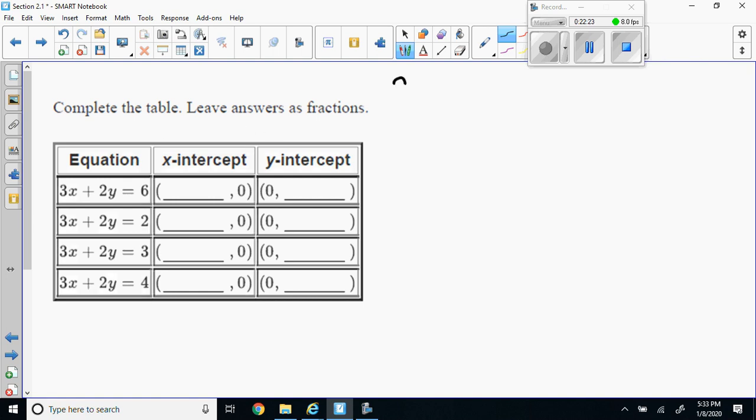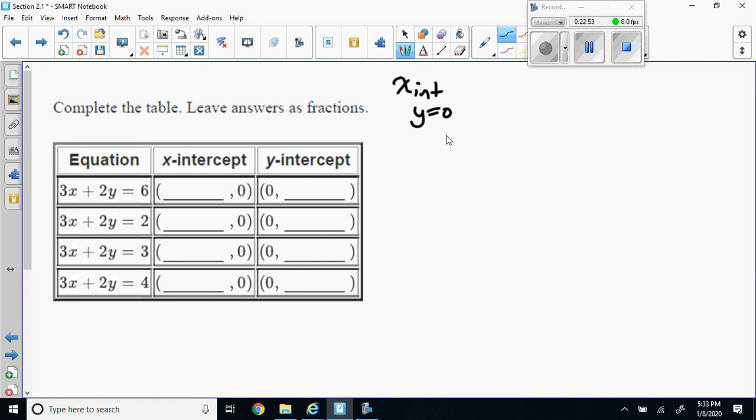So X-intercept, the one thing that you've got to make sure that you understand when it comes to the X-intercept is this. What is the value of Y? If you got a point on the X-axis, what's the value of Y? 0. So anytime that I write X-intercept, I always write right underneath it, Y equals 0. It doesn't matter if I'm working a problem or anything.